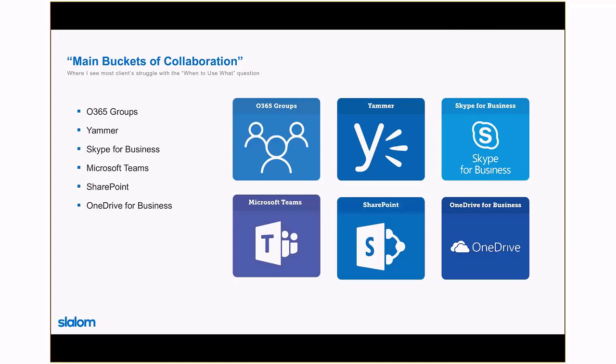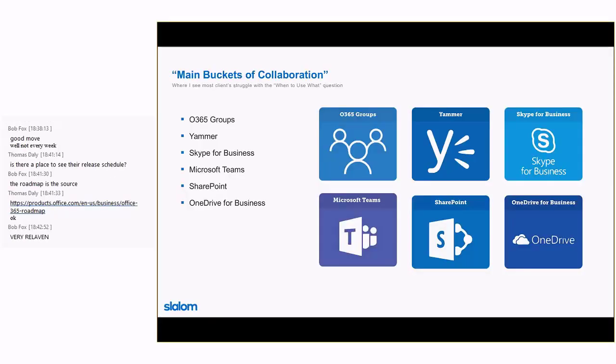There's Yammer, which people can certainly argue the pros and cons of whether it's still even relevant today. Knowing that Ignite is coming up next week, I would expect some pretty good announcements, and hopefully we'll see more from the product team about what's coming, what changes there are, how that might impact your organization, and what investments Microsoft's making in that area.